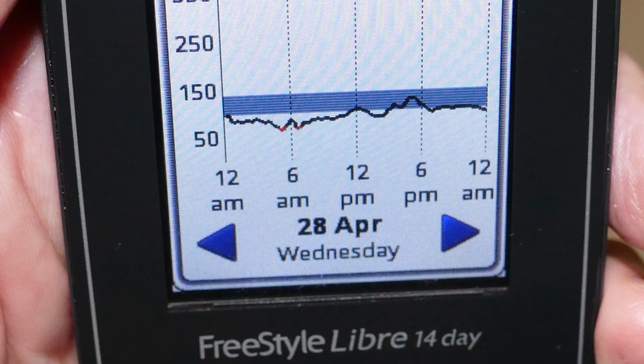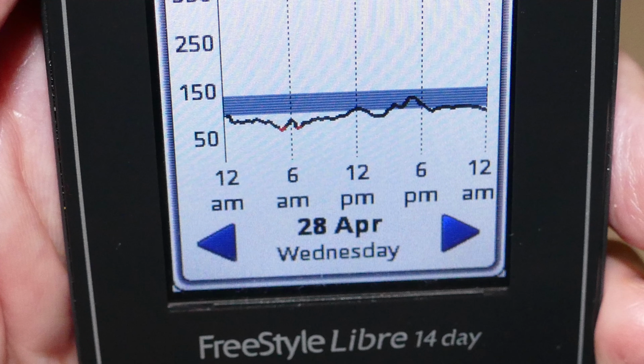It gets it about halfway, so maybe 120, 125. Then it goes down after 6, and then it levels off. I don't know what I had for supper, but apparently, or dinner, we Missourians call it supper, but whatever it was, it didn't do hardly anything to my blood sugar, and it just kind of hangs out right around that 100 mark throughout the evening until we get close to midnight, and then it starts to go down slightly.